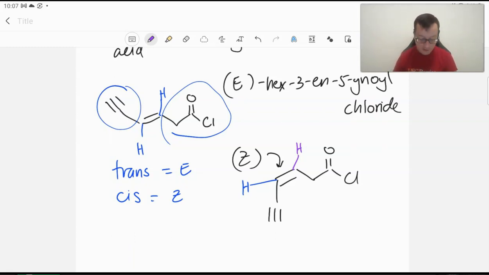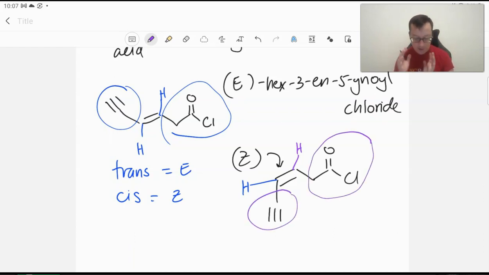So priority-wise, it's not the highest priority for naming, but the higher priority atomic number for stereochemistry. So it's just if you're looking at whether your higher priority groups have a cis relationship or a trans relationship to each other. So that would be the difference. Because remember, we can't rotate double bonds, so it would be stuck in one position. Okay. Awesome.